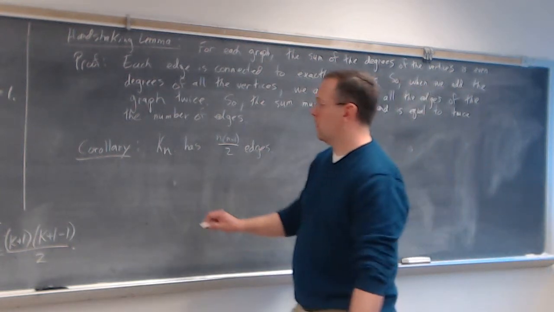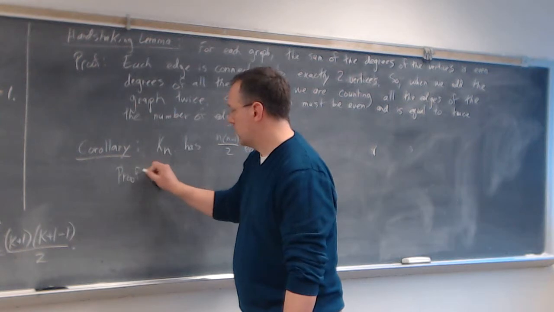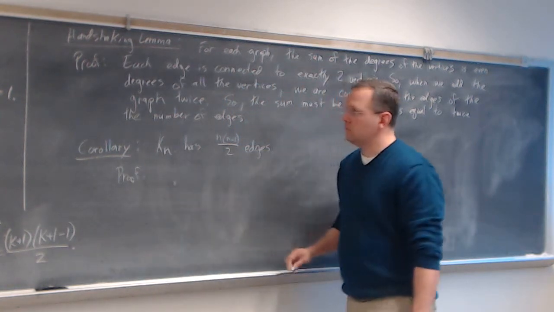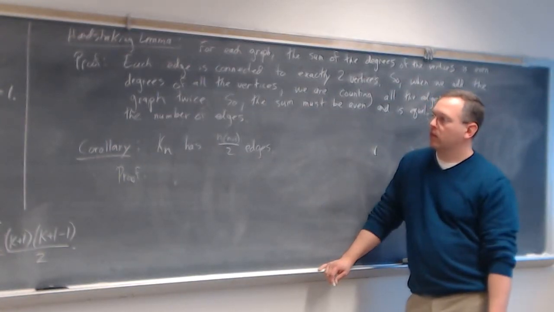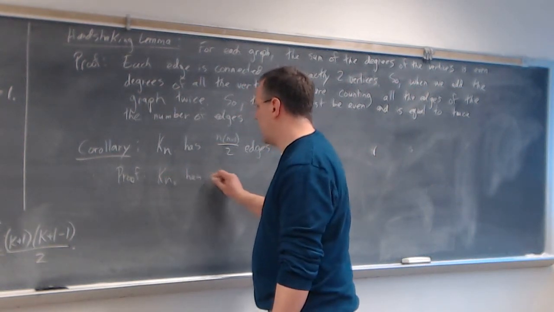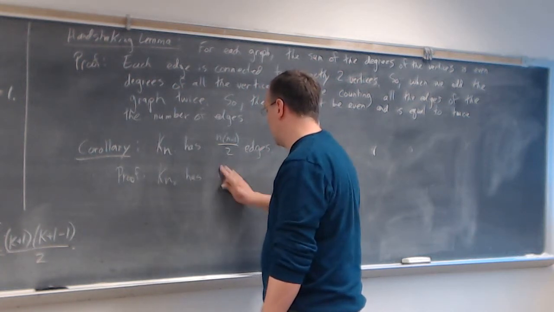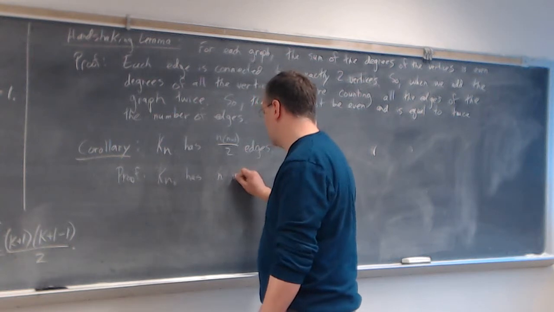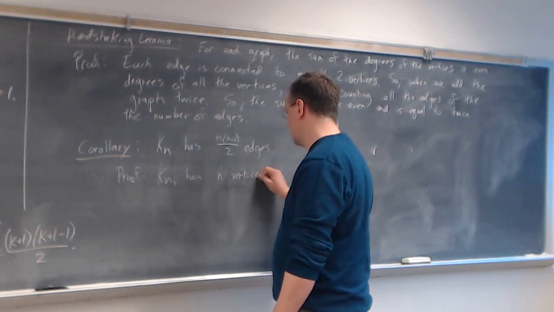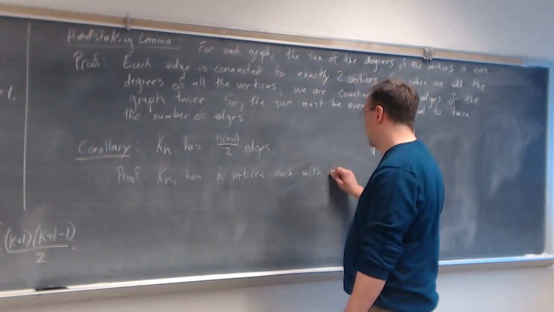So think about this. Here's the proof. Kn has n vertices, each with degree.